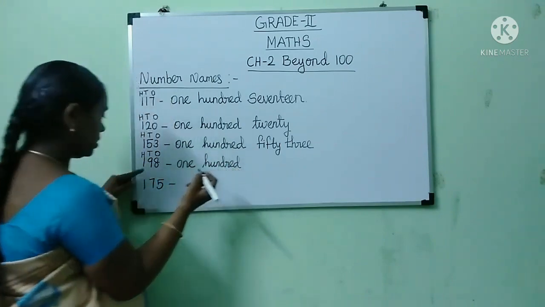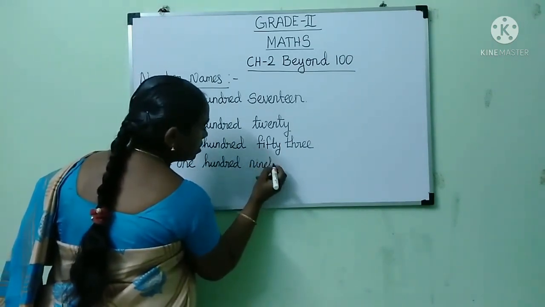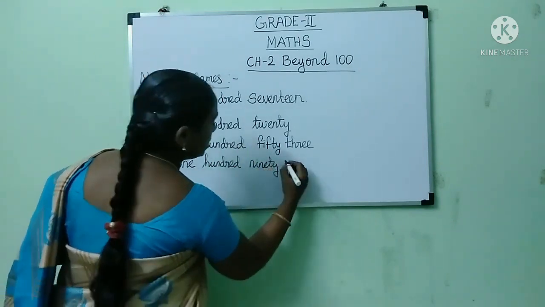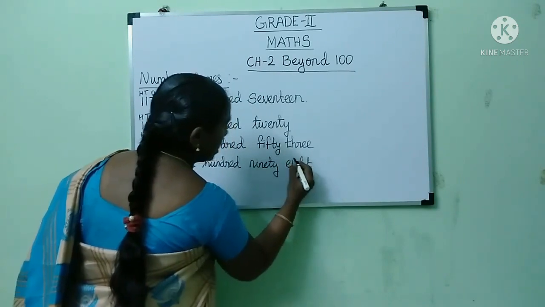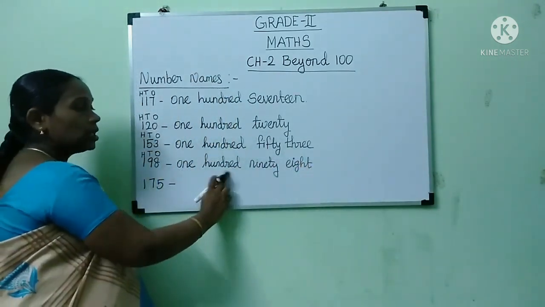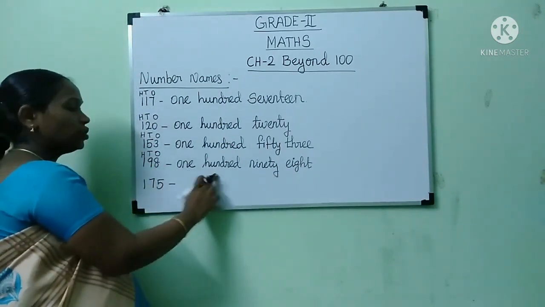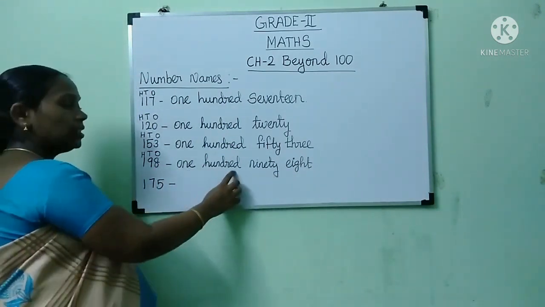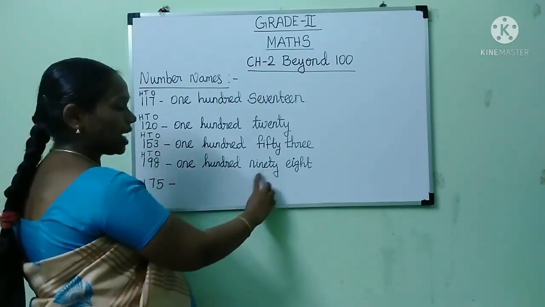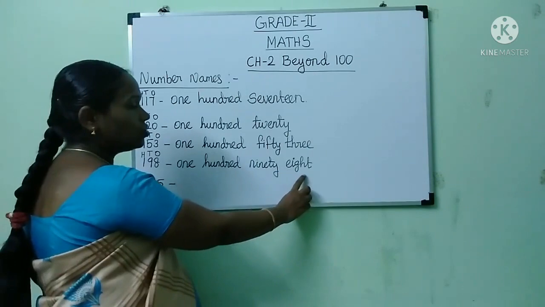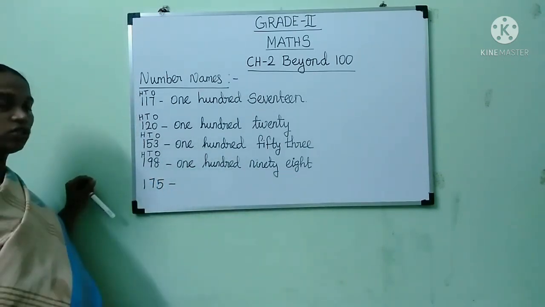H-U-N-D-R-E-D, hundred. N-I-N-E-T-Y, 90. E-I-G-H-T, 8. 198. Are you clear, children?